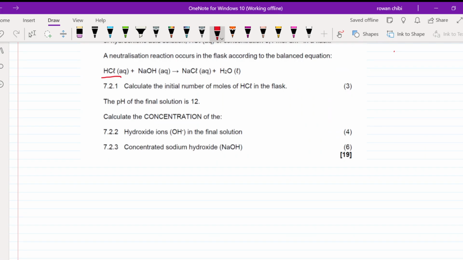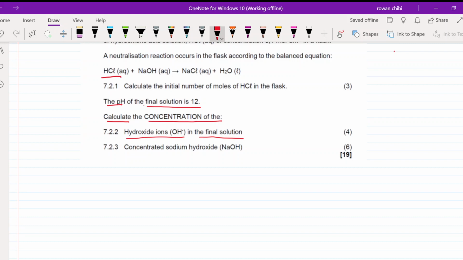But let's check first what they want us to do. The pH of the final solution is 12. 7.2.2: calculate the concentration of the hydroxide ions in the final solution.